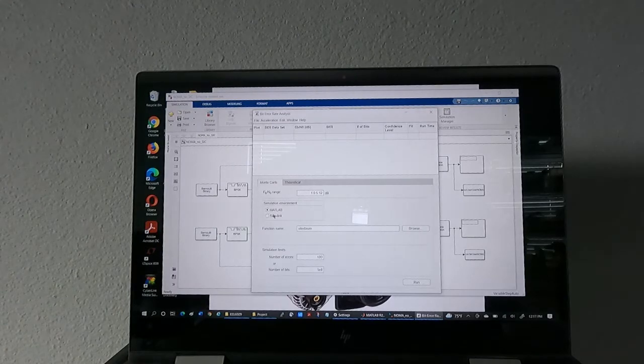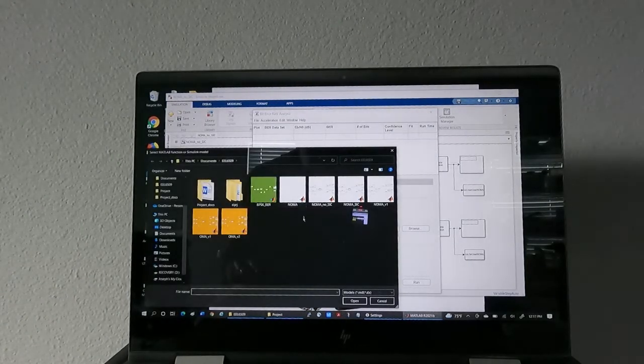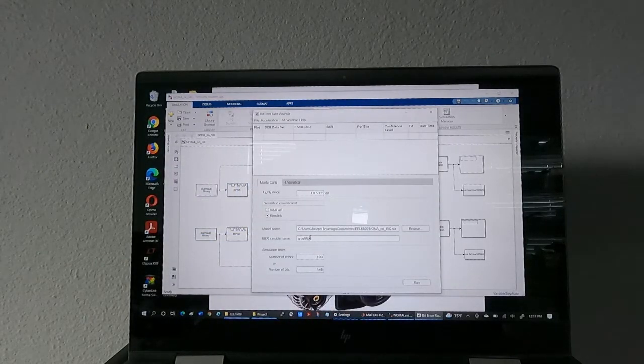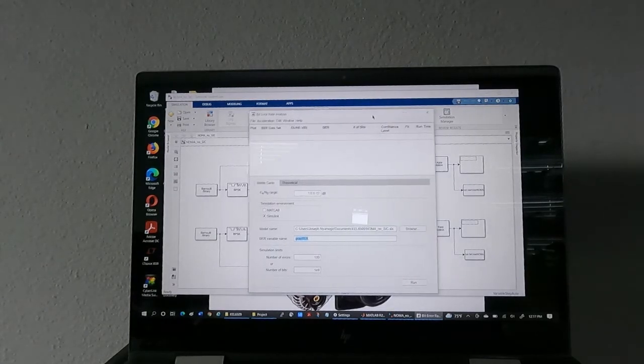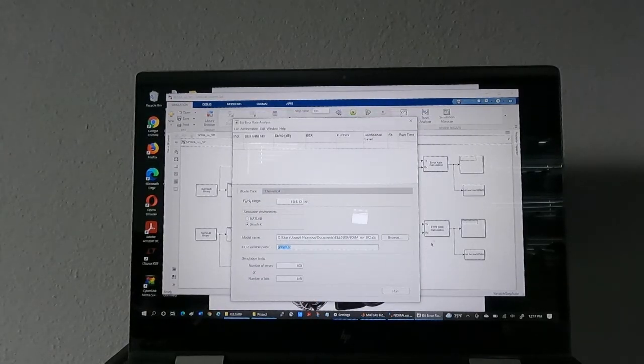Correction. Here is Simulink, and we're going to browse the model, which is going to be Simulink with no SIC, and it will open. The BER variable name, we'll get it from the name from here.